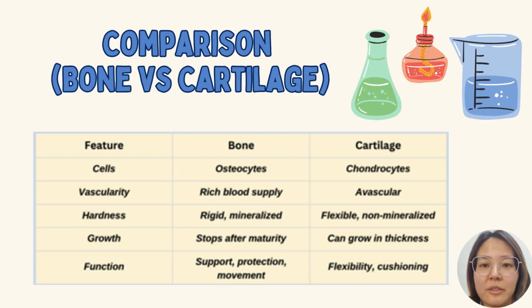This structural difference between rigid, vascular bone and flexible, avascular cartilage has significant implications for patient care, especially regarding injury and degenerative disease. Now, I will pass it to Noel to continue with the clinical aspect of bone and cartilage.